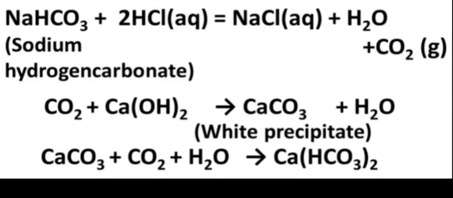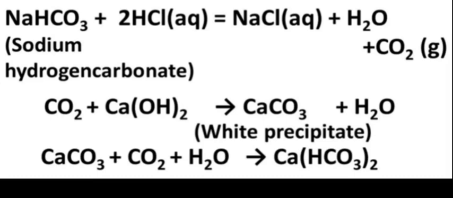Just now what we discussed: carbon dioxide gas, when passed through lime water, turns it into a milky precipitate, that is the formation of calcium carbonate with water. When excess carbon dioxide is passed through the calcium carbonate, you find the formation of Ca(HCO3)2. Okay.